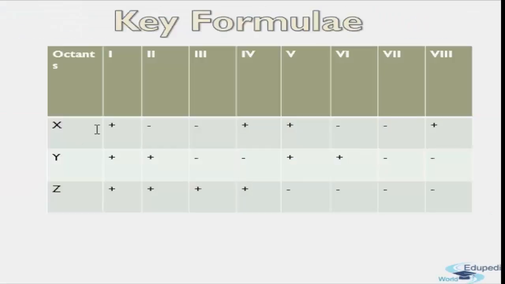If you have these octants, this is just to explain to you: if there's a point in the xyz octant, it's just going to have positive values for the x, y and z coordinates.